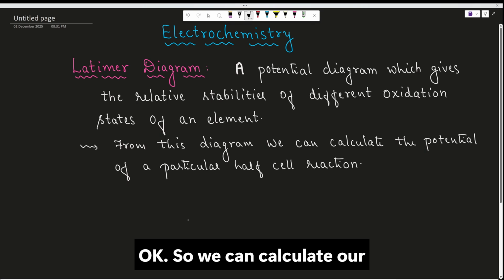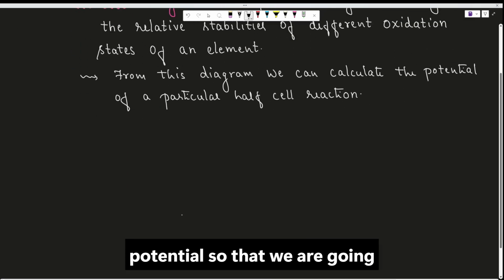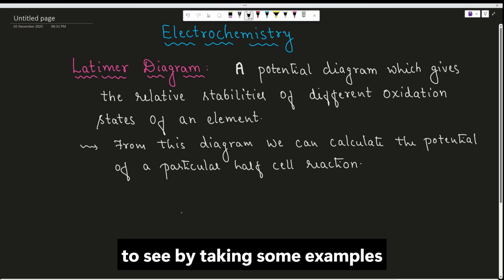Okay. So we can calculate a potential, so that we are going to see by taking some examples.